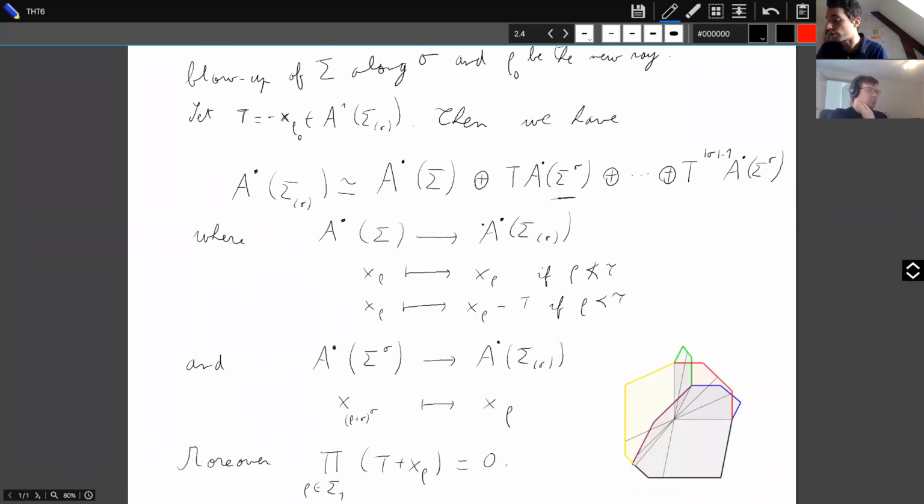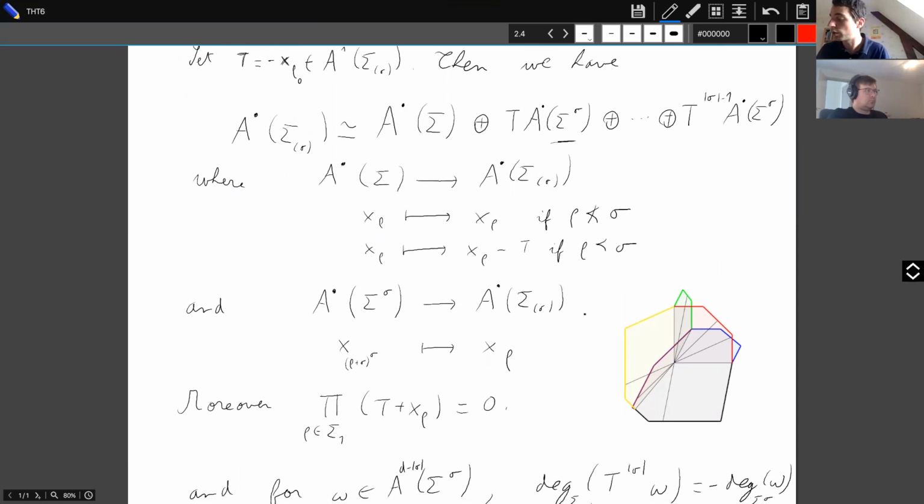Okay, and so the inclusion of sigma into the blow up is you just map rho into rho if you are not in sigma. This is sigma, and otherwise you have to remove T, and you can also naturally map the churning of sigma above to the blow up.